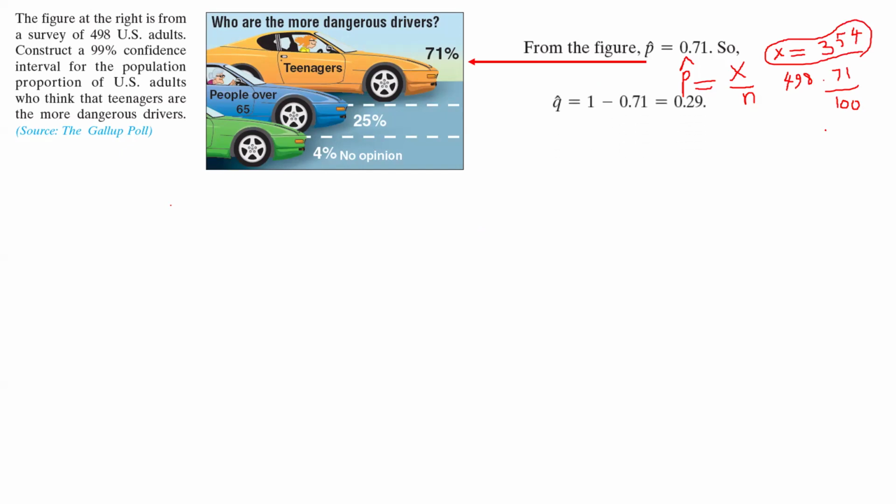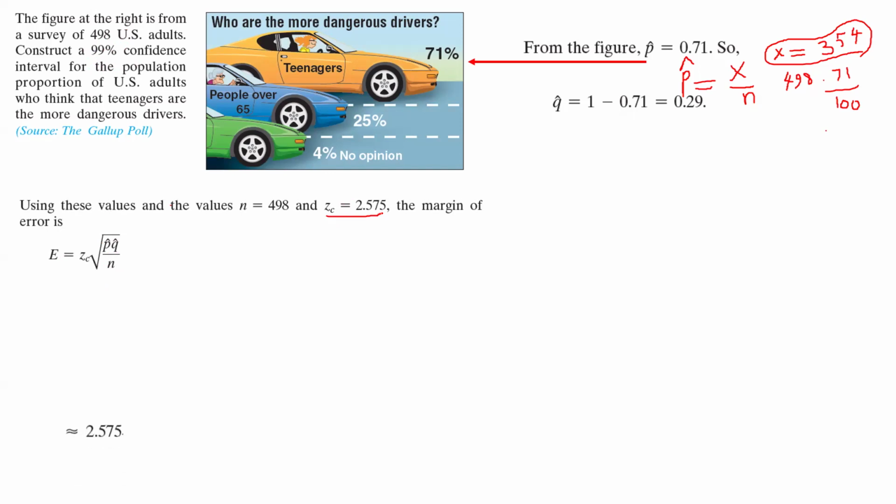Q hat, which is 1 minus p hat, is about 29%. Now, if I ask you to calculate the margin of error, it is going to be z_c times the square root of p hat q hat divided by n. z_c for 99% confidence level is 2.575.